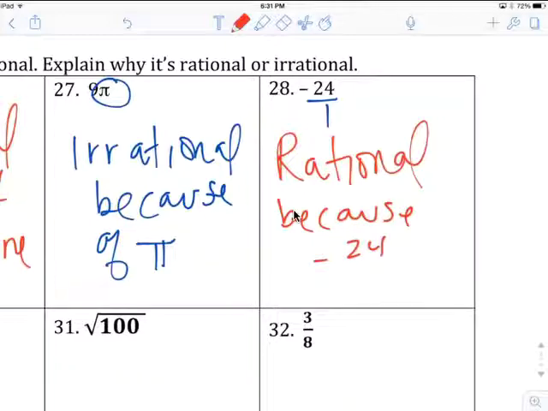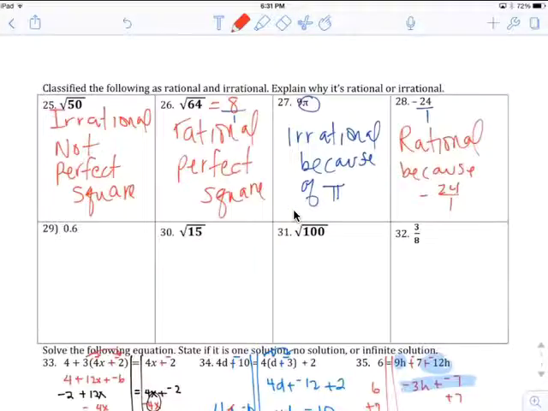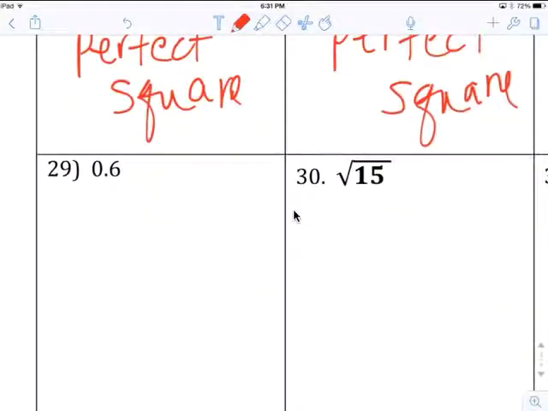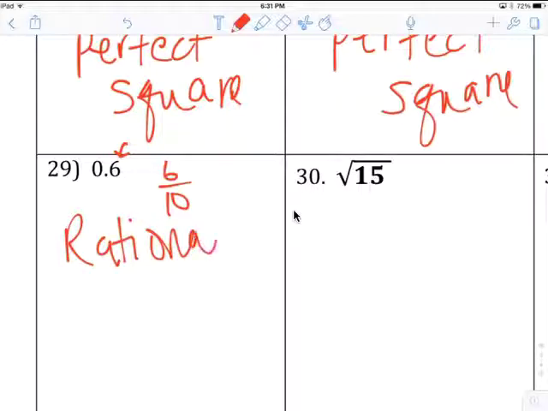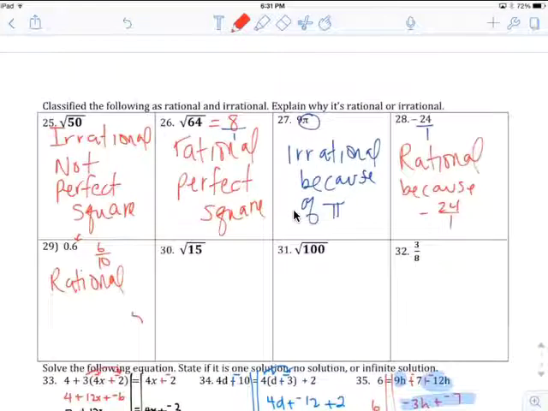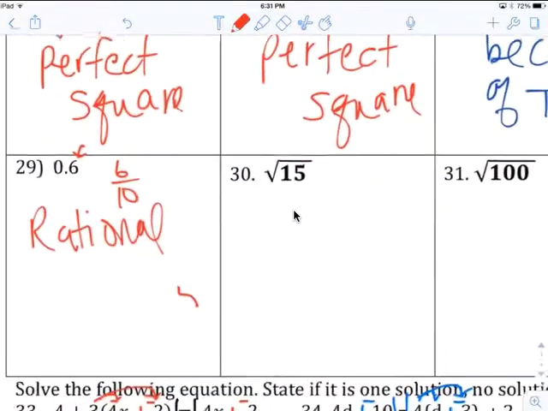Negative 24 over 1 is a fraction. This can be made as a fraction. This is in 10th place, so 6 over 10, which can be made into a fraction. This is rational. So all numbers are rational except these type of number, that's irrational, and anything with pi.